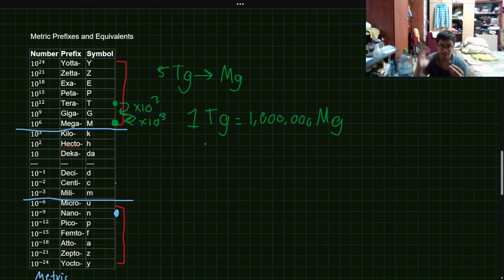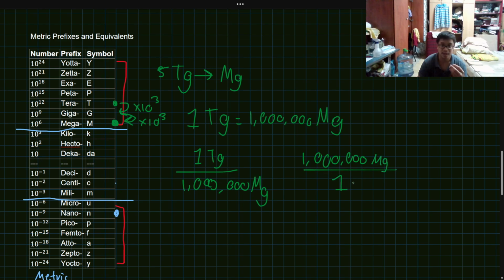Now we do dimensional analysis. First, you have two fractions: 1 teragram all over 1 million megagrams, and 1 million megagrams all over 1 teragram.